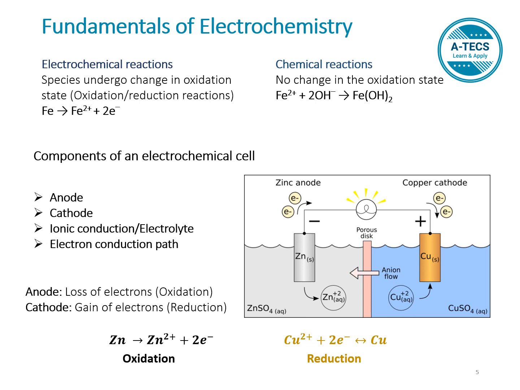So whenever you see no change in oxidation state, you can clearly say that this process is a chemical reaction. I hope you understand the concepts, and now you can clearly distinguish between an electrochemical and a chemical reaction.